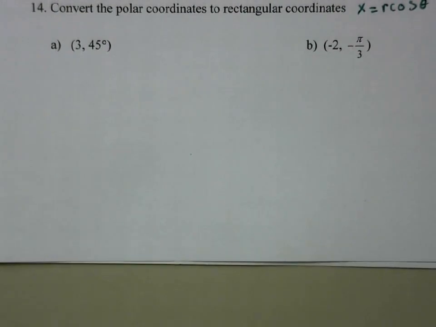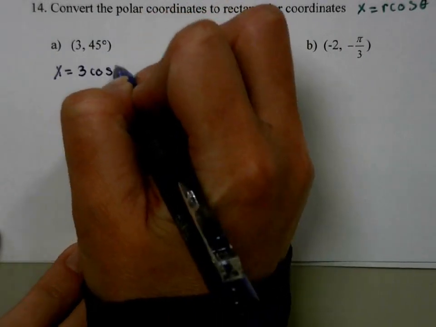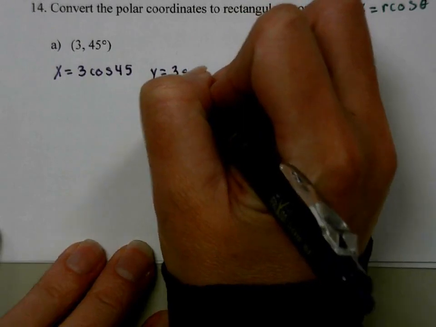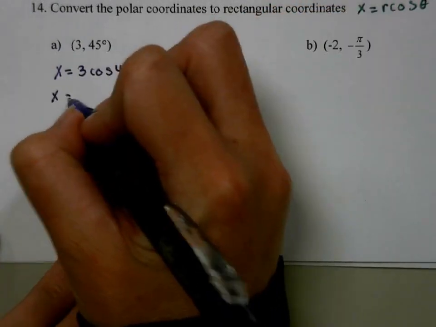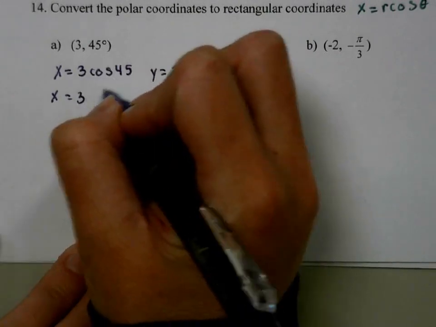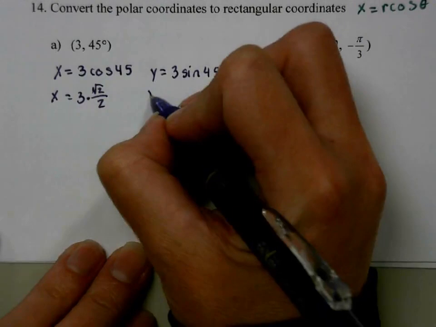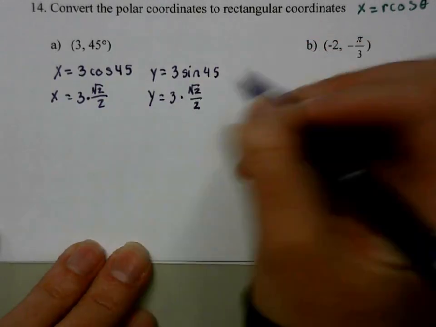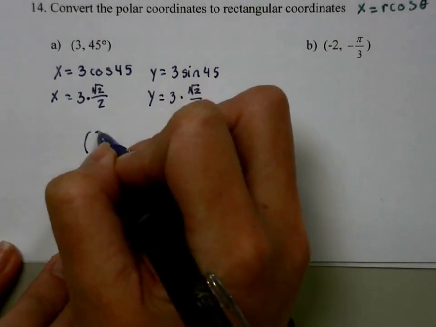Y is equal to 3 sine 45. Use your unit circle. Cosine of 45 is root 2 over 2. The sine is also root 2 over 2. So I multiply those together. I'll get my coordinates (3 root 2 over 2, 3 root 2 over 2).